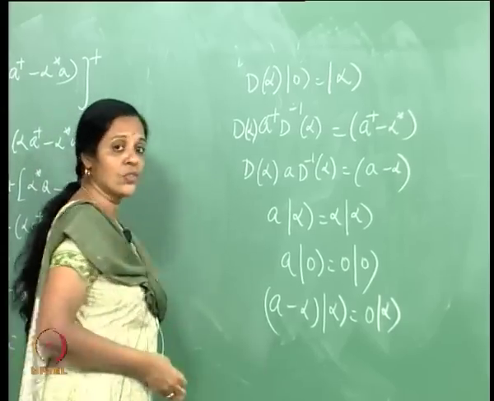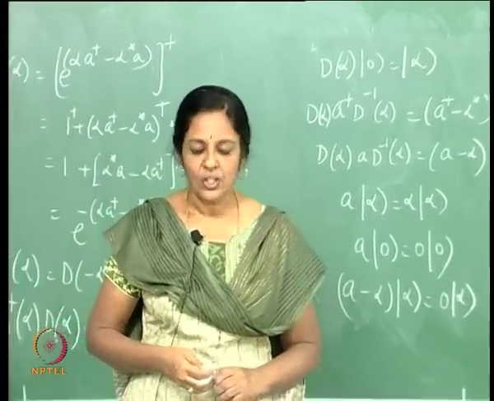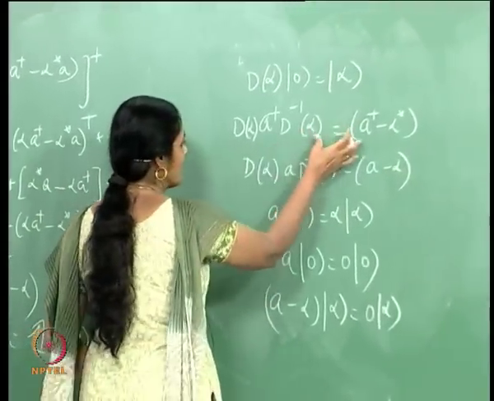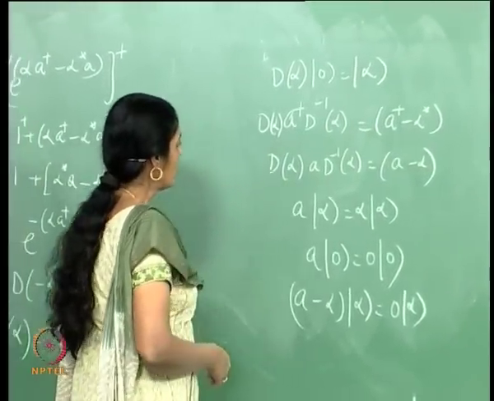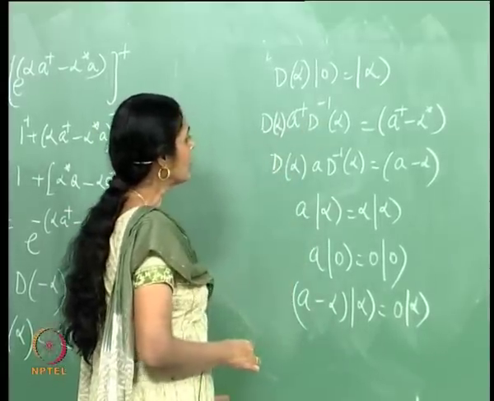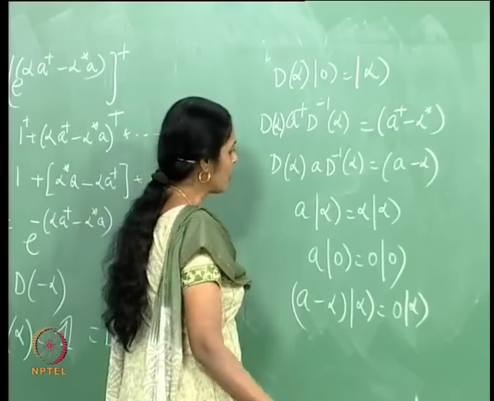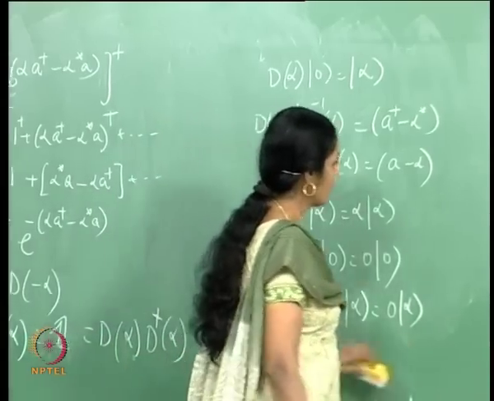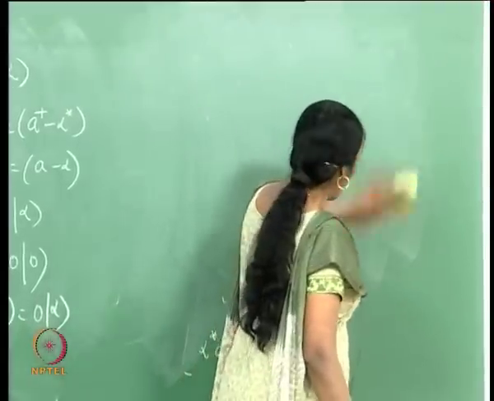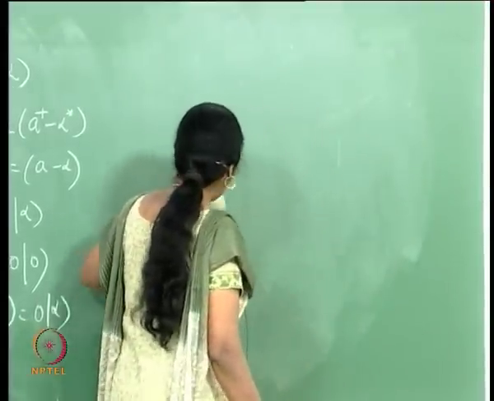And indeed this is true. It is possible to show that the following identities are true, and that is something that I will work out in detail in a subsequent lecture. But before that, I would like to look at the orthonormality properties of coherent states.